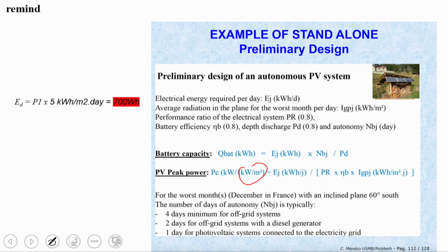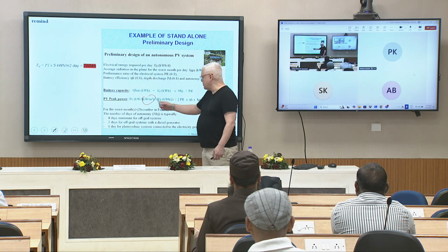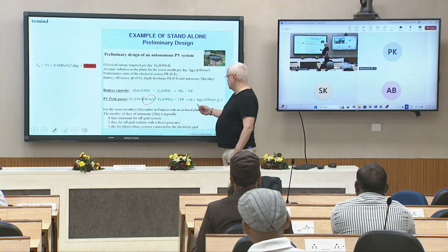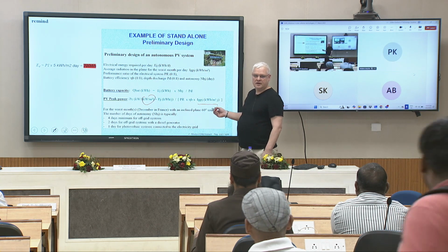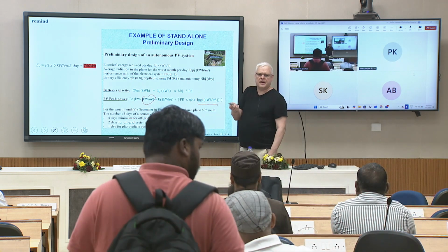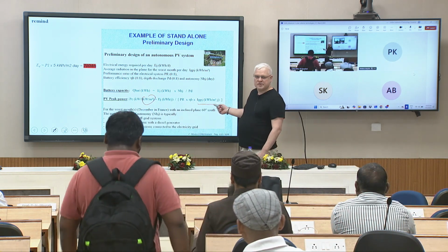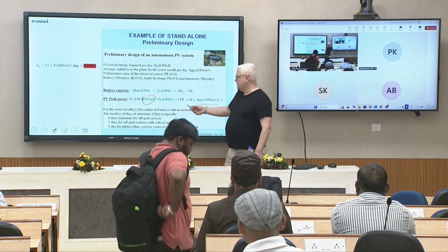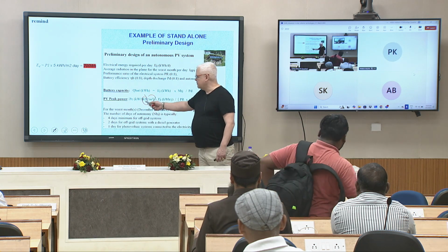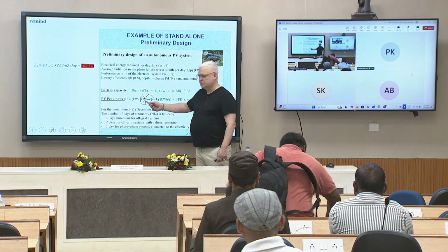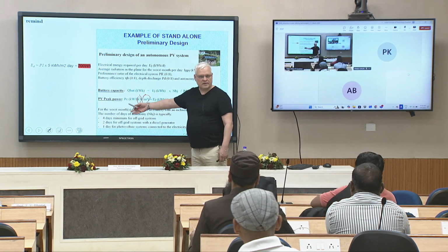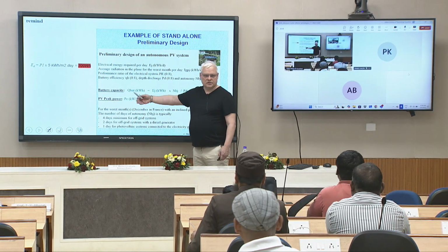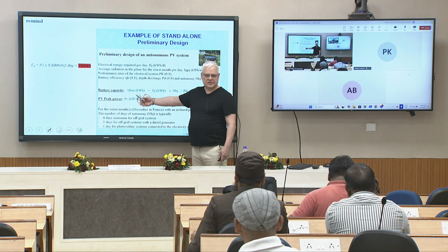So it is the reason why when we multiply this power by the mean radiation, we selected 5 kilowatt hour per square meter per day, it is simplified with that, okay? So we will obtain some watt or some kilowatt, depending on what we said as a peak power.